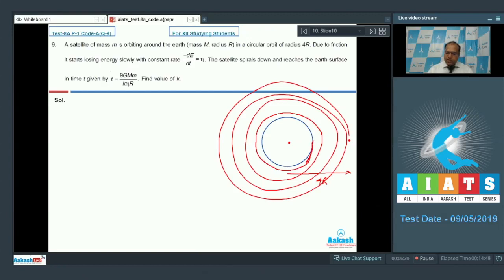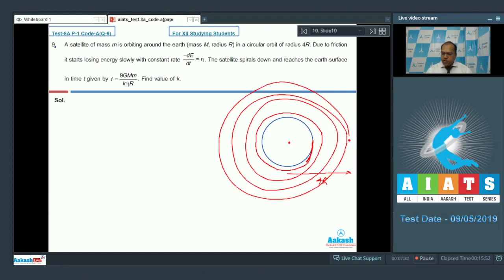This is the trajectory. Since the energy is being lost at a constant rate, we can say that the path of the satellite when it reaches the surface of the Earth becomes circular in nature.